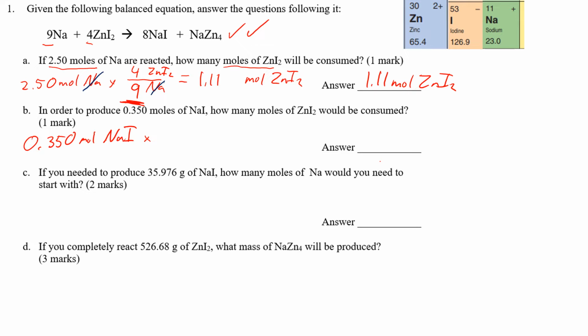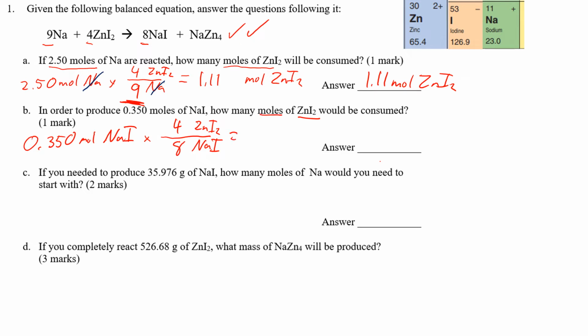So I want NaI to go away. The unit that I want is zinc iodide. NaI is 8. Zinc iodide is 4.